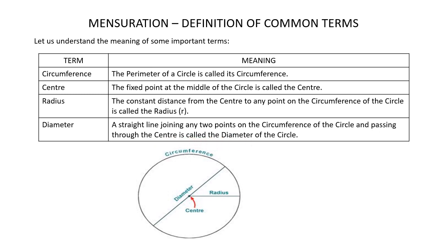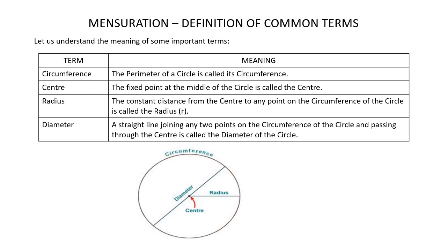Now let's understand the meaning of these terms with the help of this diagram. Now here in this circle, this is the perimeter of the circle. This is also known as the circumference of the circle.